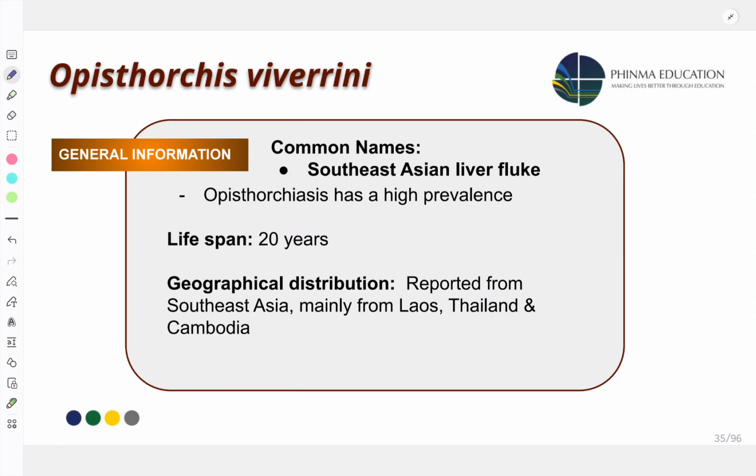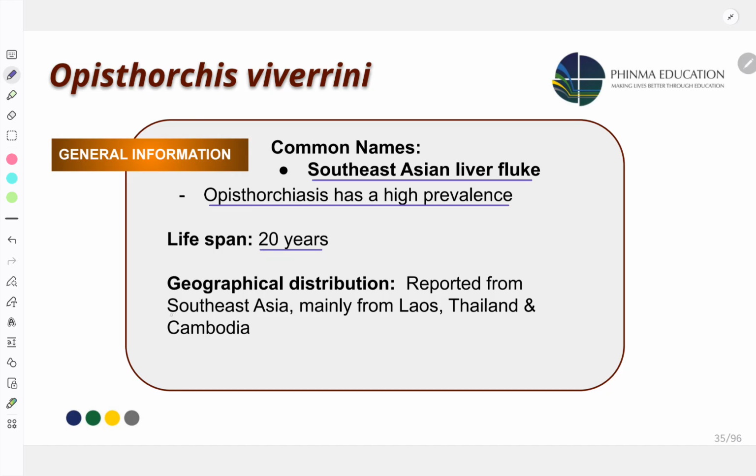Opisthorchis viverrini is also known as the Southeast Asian liver fluke. It has a very high prevalence, meaning Opisthorchis viverrini is very common. As for lifespan, the adult worm could stay in your liver for up to 20 years.